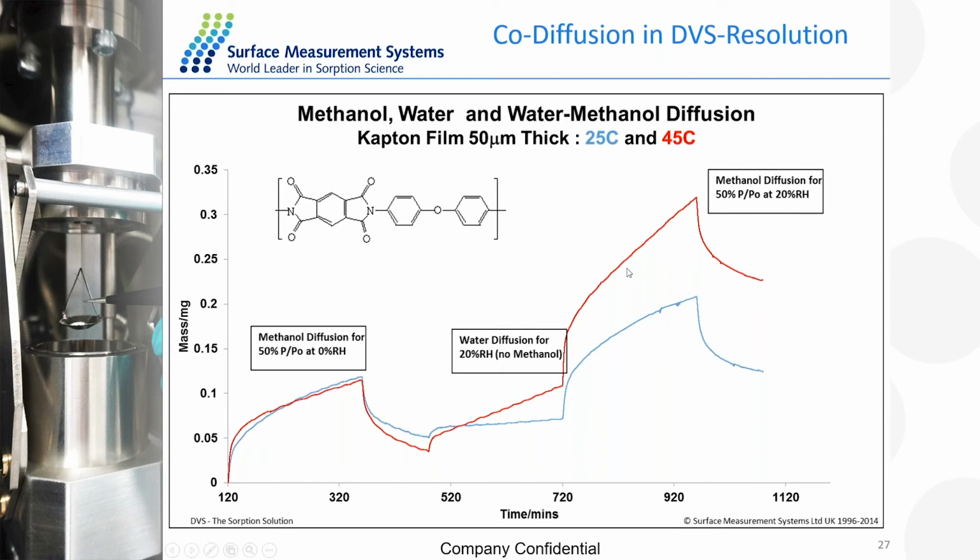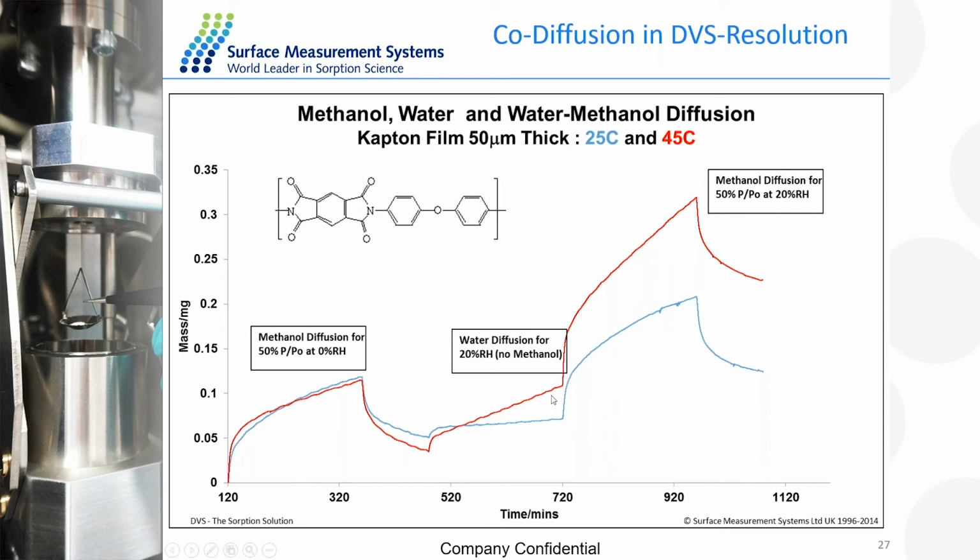And if we look at the last stage, again at 45 degrees C, there is a significant increase when we use methanol plus water. So methanol by itself does not have any change in relationship to temperature change, but methanol plus water actually has a different change.